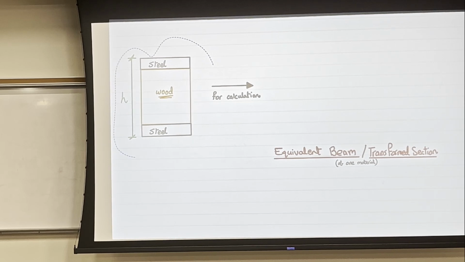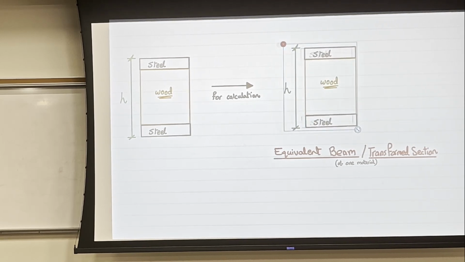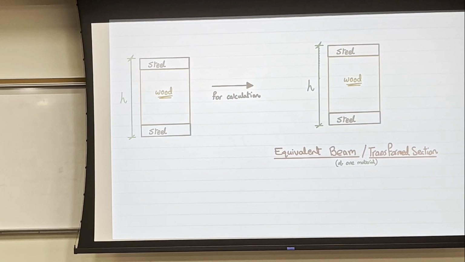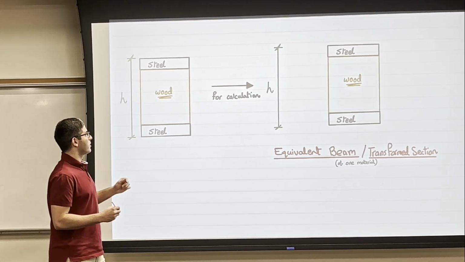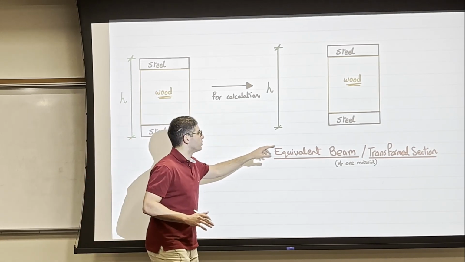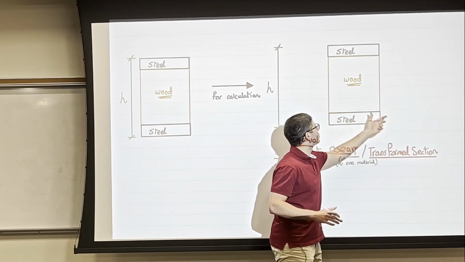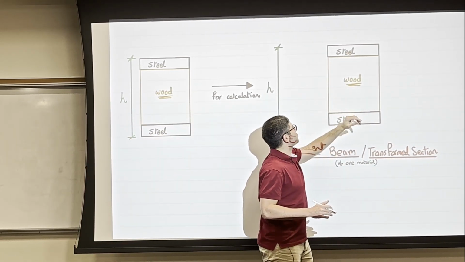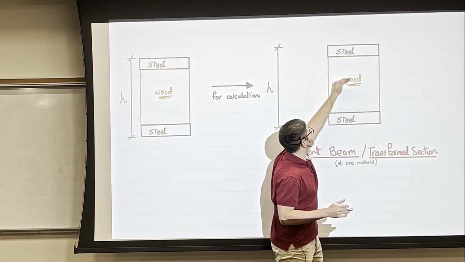So I'm going to copy this cross section and keep the height. Let's decide I want to convert the steel to wood, so that I will have a cross section made of wood, wood, wood.